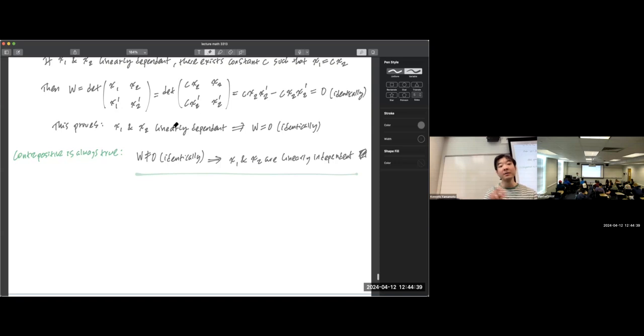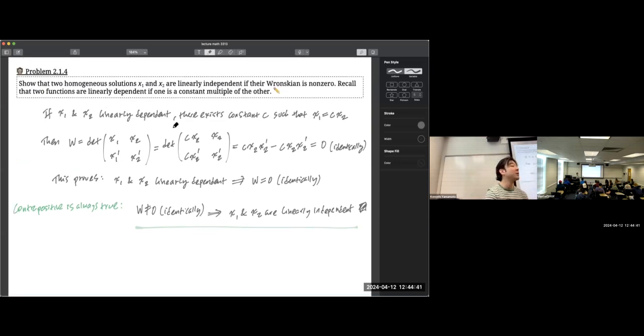So that completes a little bit of the theory, which is that we've been finding x1 and x2 using all these processes, basically a recipe of sorts to find them. But it turns out that all of those things we've been doing were designed to give us x1 and x2 which are linearly independent.